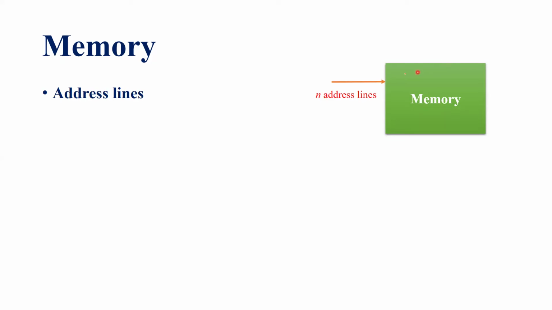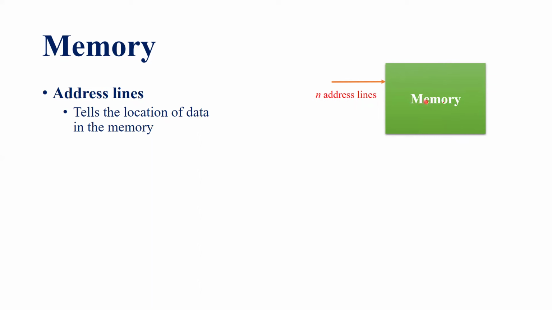Now let us focus upon one of the components of the memory, that is the address lines or the address bus. So here is a block of a memory inside which you will have the data stored, and to address this data there are n number of address lines of the memory. As I said, the address lines are used to tell the location of the data inside the memory.